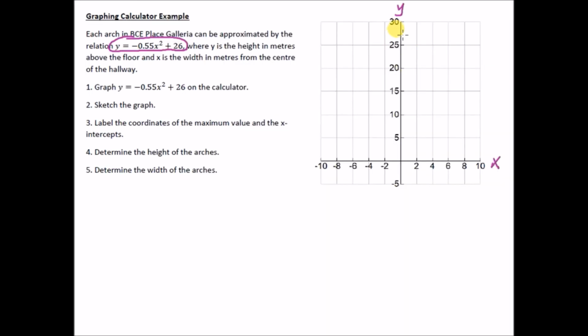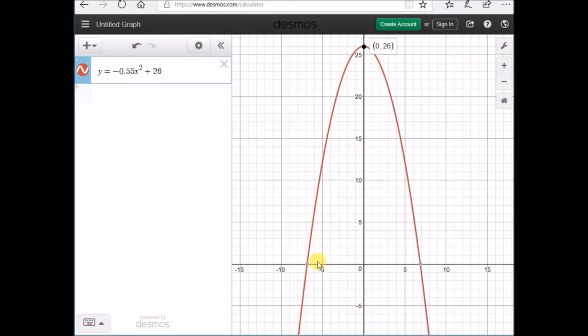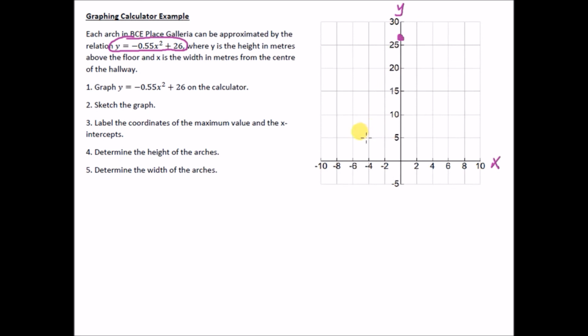So 0, 26 is going to be up here somewhere, right? And then I want to plot the x-intercepts. So I get negative 6.8. Let's just round to one decimal. Negative 6.8 and then 6.8. Okay, so we're going to go negative 6.8, which is going to be here somewhere, and then 6.8.